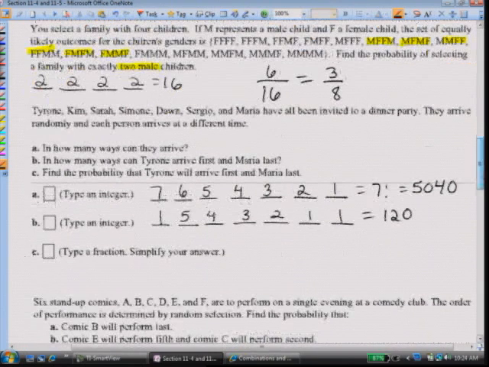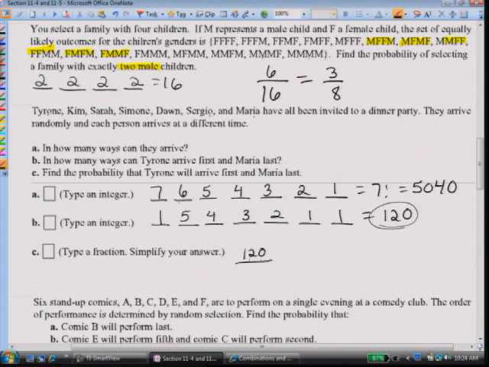All right. Find the probability that Tyrone will arrive first and Maria will arrive last. Well, we found all the total outcomes. That was the 5,040. And we found that there were 120 ways for Tyrone to arrive first and Maria to arrive last. So 120 out of 5,040 is the probability of that occurring.